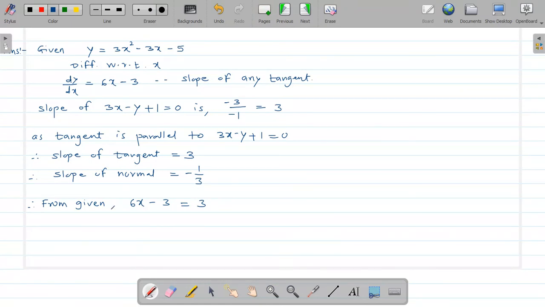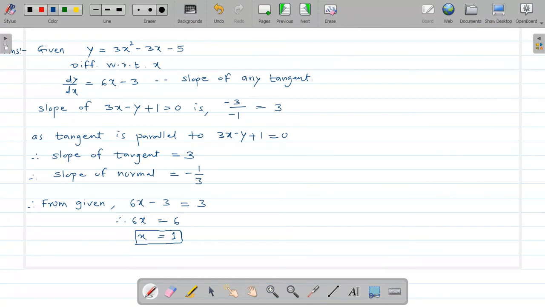Okay, by which we get 6x is equal to 6, and hence we get x is equal to 1. So that tangent at which the tangent is parallel to the 3x minus y plus 1 is equal to 0, we get the point x coordinate of that point, that is x is equal to 1.